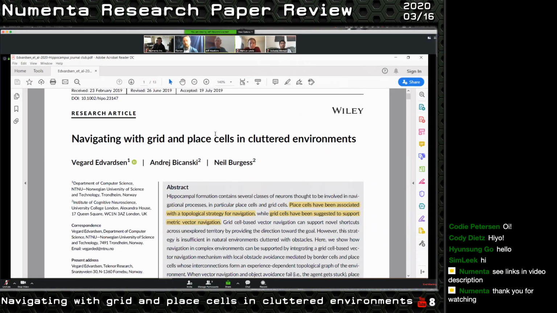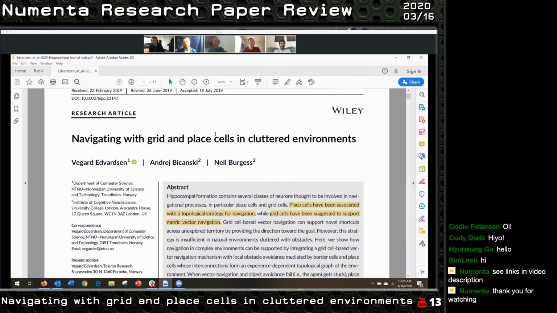Essentially, what they're talking about here is how, of course, rat navigation is how a rat gets from someplace to someplace else. It's typically where they are and a goal, a direction they want to get to. And they make a very clear distinction between two different strategies for doing that. We've always talked a lot about how grid cells can provide a sort of vector-based method or a metric system.